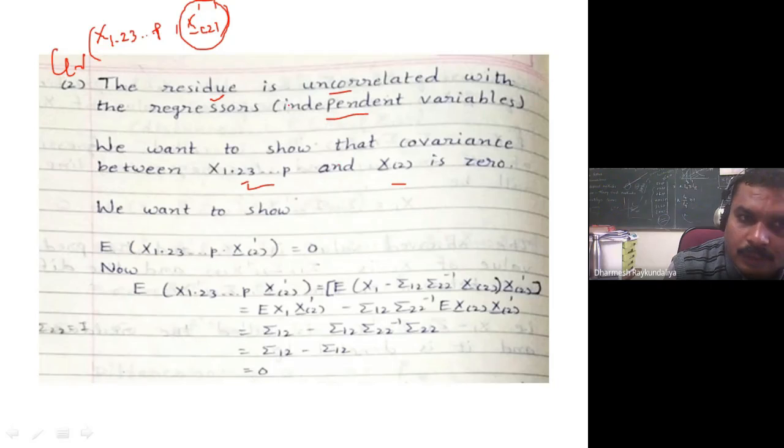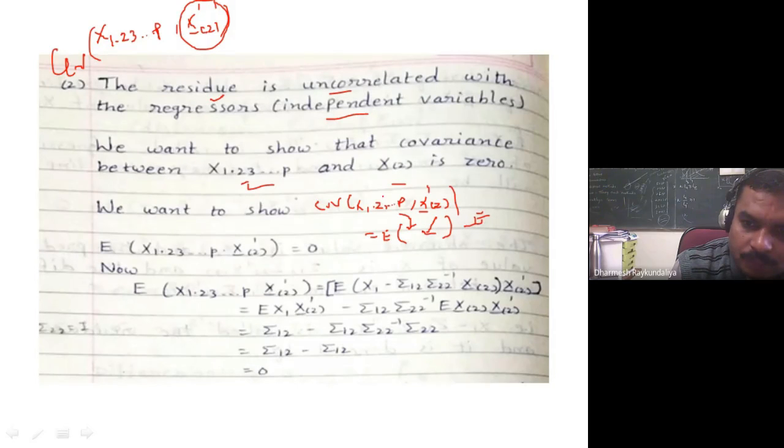So I wish to find the covariance between x1.2 3 p and x2 transpose. It is as good as the expectation of this quantity into this quantity minus the expectation of this quantity into the expectation of the x2 quantity. But we know that the expectation of the mean is 0 because it is an expectation of residual. So this quantity is 0, so finally what remains is the first term.